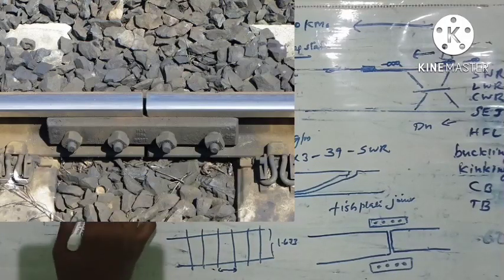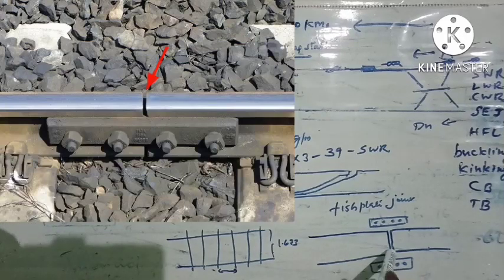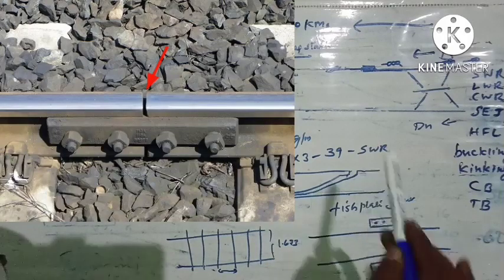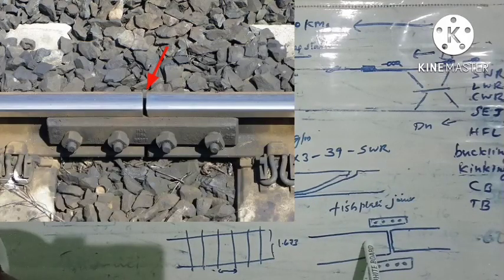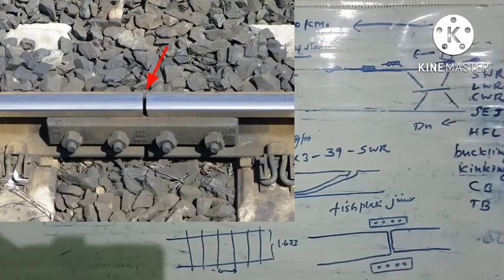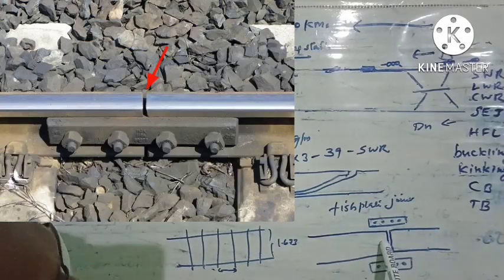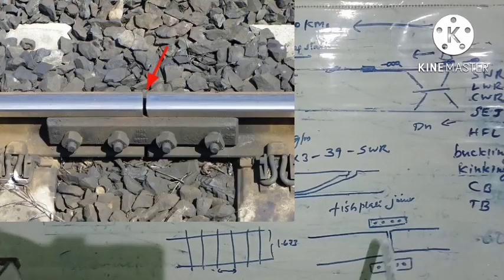Fish plate joint will be like this. Here two iron plates are joined together with the rails through nuts and bolts, and this is called a fish plate joint. Here there will be a gap given. This gap is given so that during the daytime this iron will expand, absorbing the heat from the sun. This iron will definitely become hot and expand, this rail towards this side and that rail towards that side. In order to give room for this expansion, this gap is given between the rails.